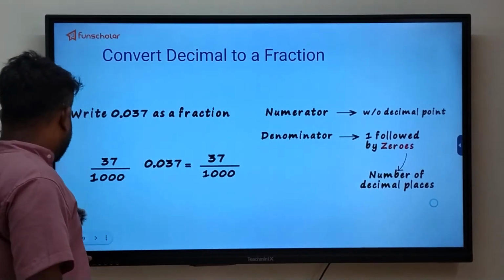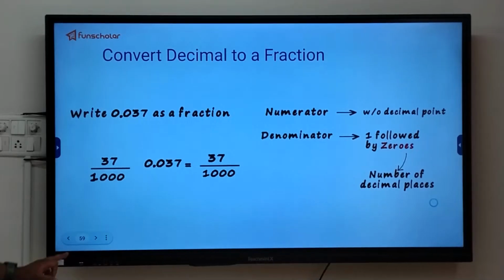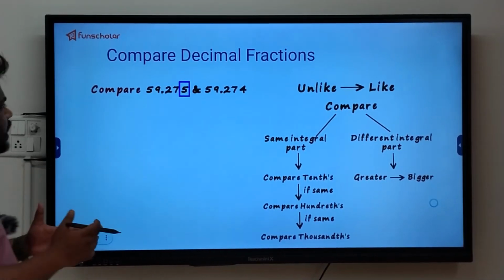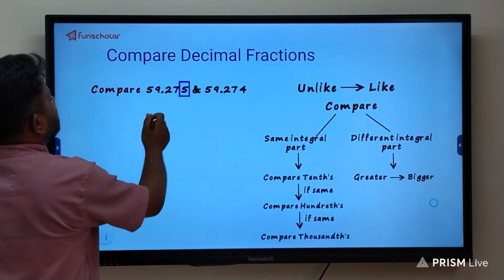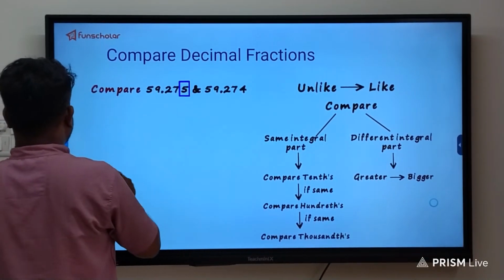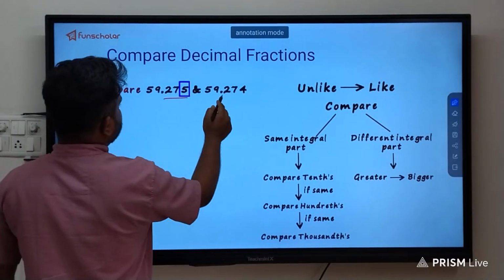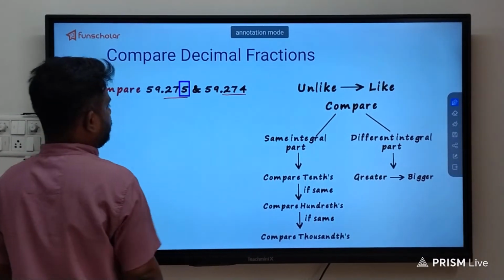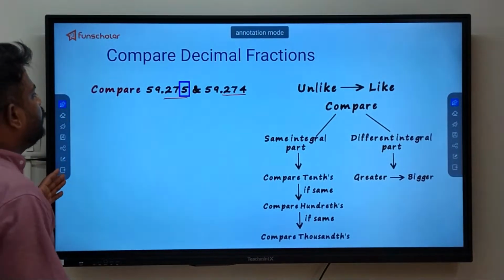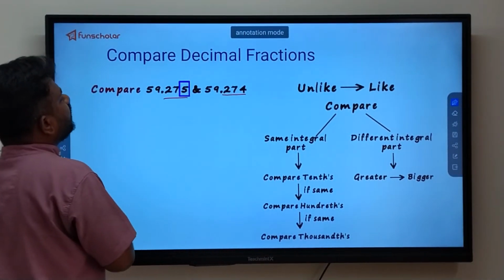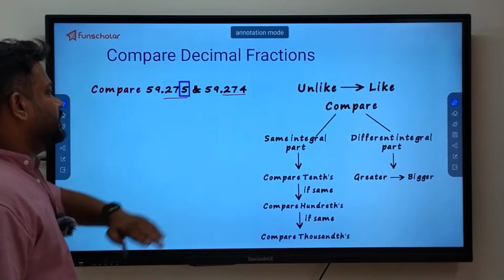Okay, let's do it with some examples, just like this one. You can see that it has 3 numbers after the point, and this also has 3 numbers after the point. When we are comparing, we just have to see the similarities between these 2 numbers.